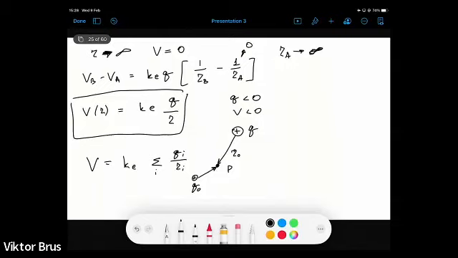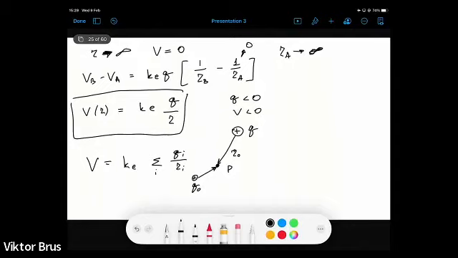We also assume that at infinity, we keep the earlier accepted statement that electrostatic potential at infinity from a point charge is equal to 0.